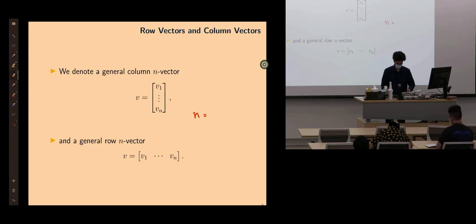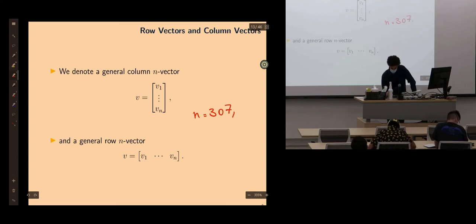All right. What if n, for the example I want to give you, is 307,200 entries in one vector. What example can that be?